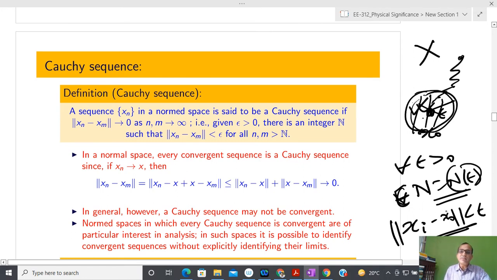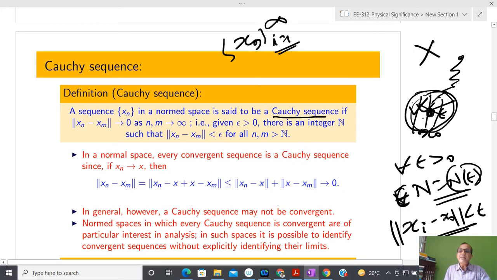Another way is to just assume that there exists a limit point without knowing it. So another notion is called the Cauchy sequence. If xn is a sequence, where for simplicity I have removed i equals 1 to infinity, in a normed linear space, it is said to be a Cauchy sequence. Just now we have seen the meaning of a convergent sequence.